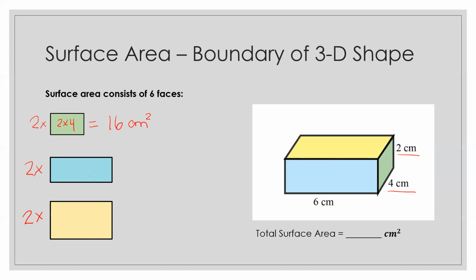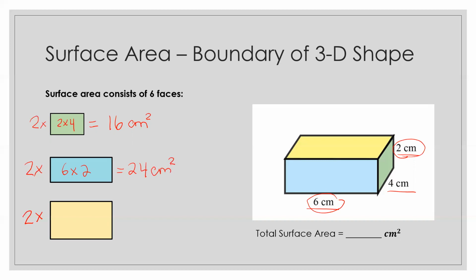Then for the blue face, that would be 6 by 2, and 6 times 2 is 12. 12 times 2 is 24 centimeters square.